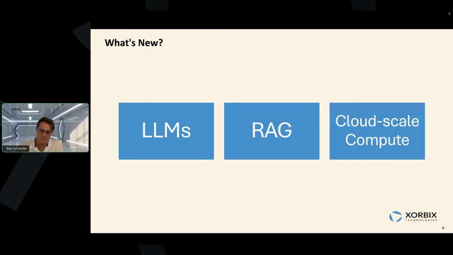Just want to fact check myself here on the spot. Retrieval augmented generation. Yep. Okay. And then obviously your cloud scale compute, right? You kind of need large data centers to do this type of computation.